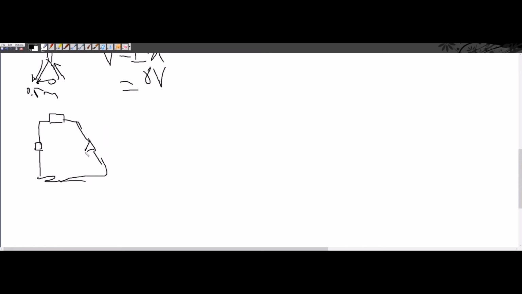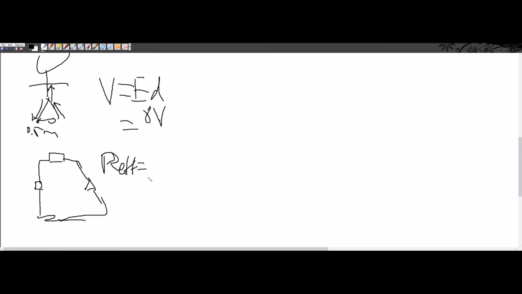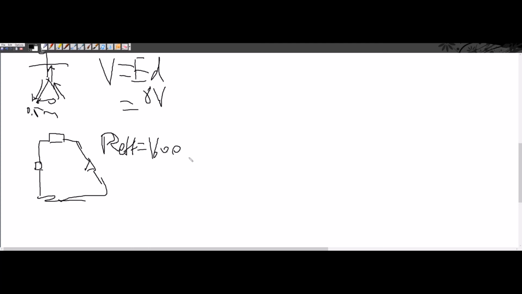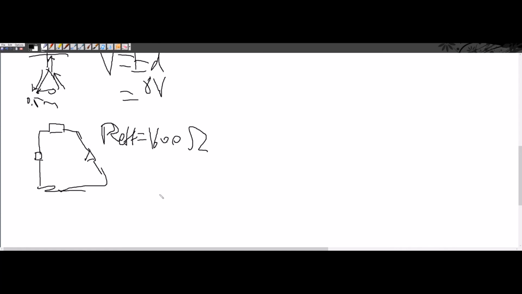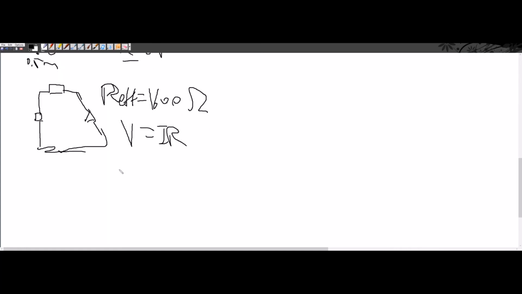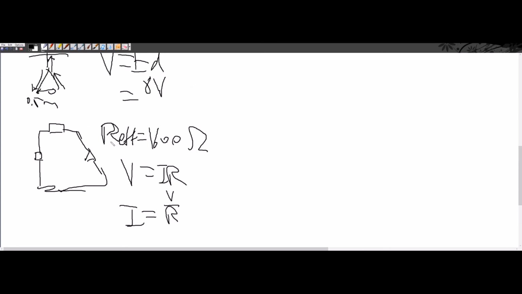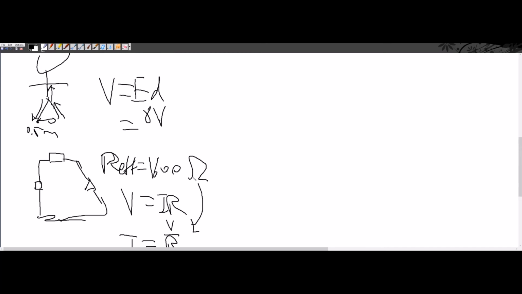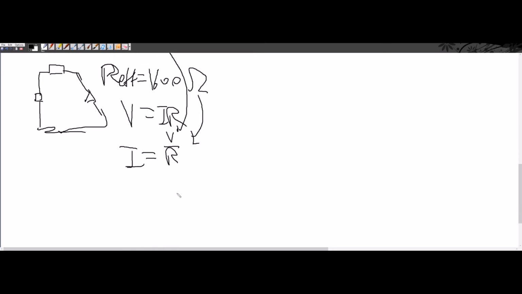They're connected in series, so your effective resistance is just all three added together. So it's 1600 ohms. We can use Ohm's law, V equals IR, so I is equal to the voltage over resistance. We know R effective, and the voltage we calculated earlier. Plugging this in, we get around 5 times 10 to the negative 3 amperes.